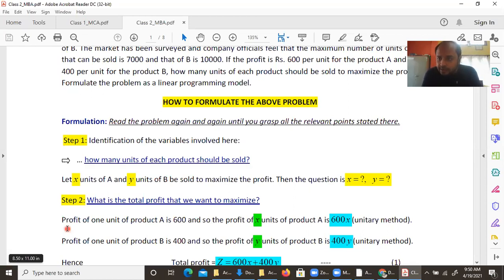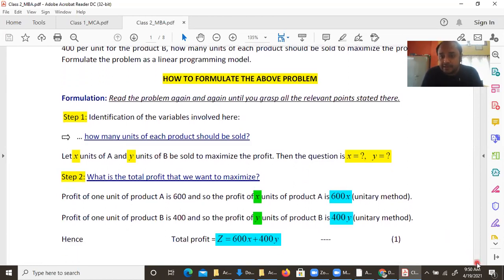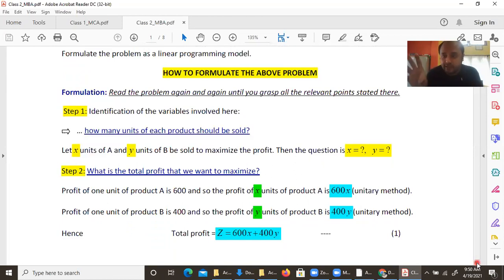Once you identify the variables, once you assume the variables, next you have to mathematically formulate the profit function that is to be maximized. It is mentioned in the problem that the profit of 1 unit of product A is 600.